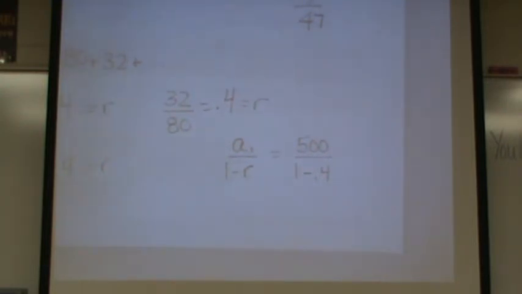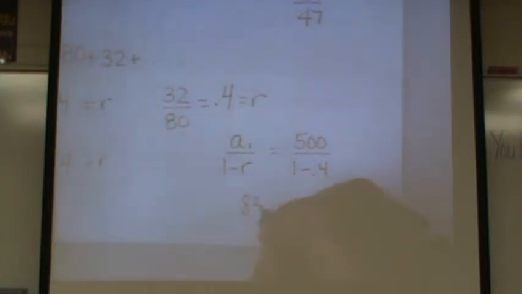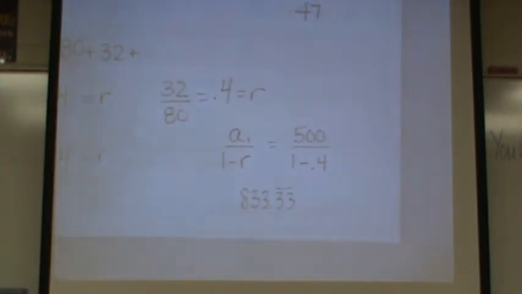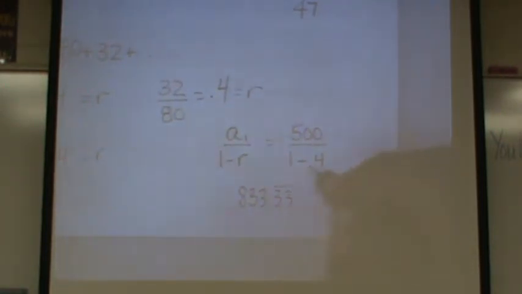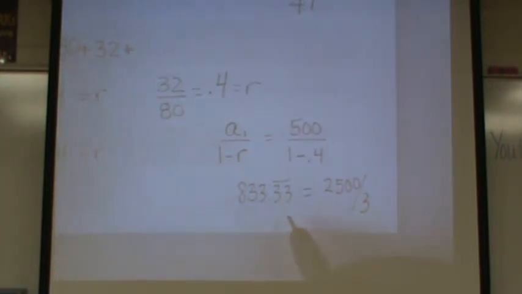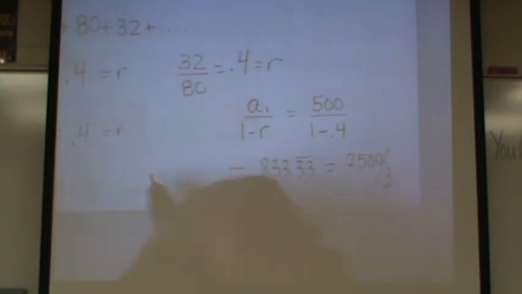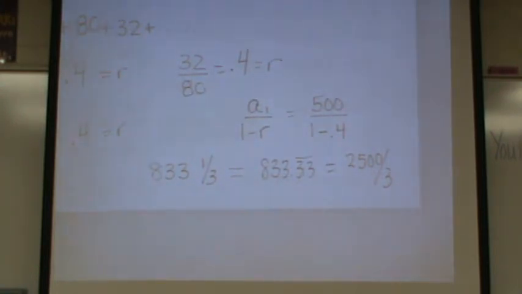You get 833.33 repeating. Hit math, fraction, convert this to a fraction, and you get 2,500 over 3. You can also write this answer as it is listed in the back of the book, as 833 1/3.